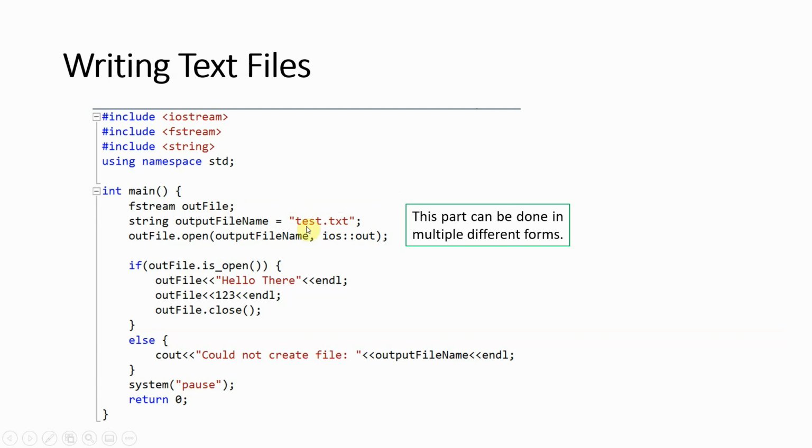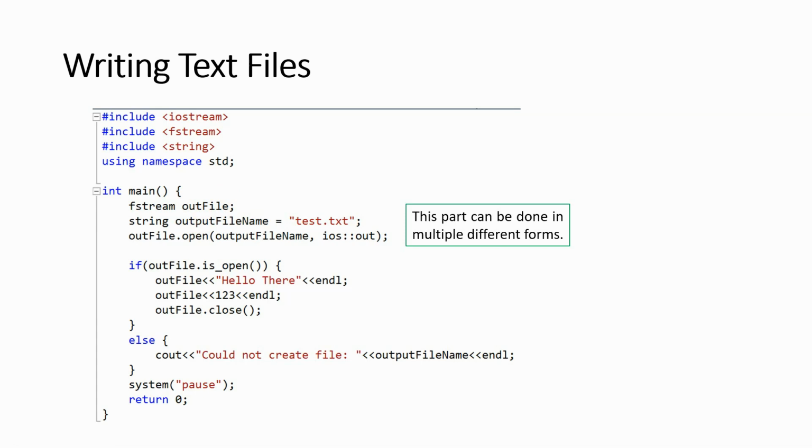But in our program, we associate that name with an object name, in this case, outFile. Because we use the fstream class, this can be used as input or output. So we have to specify which one we want, input or output.